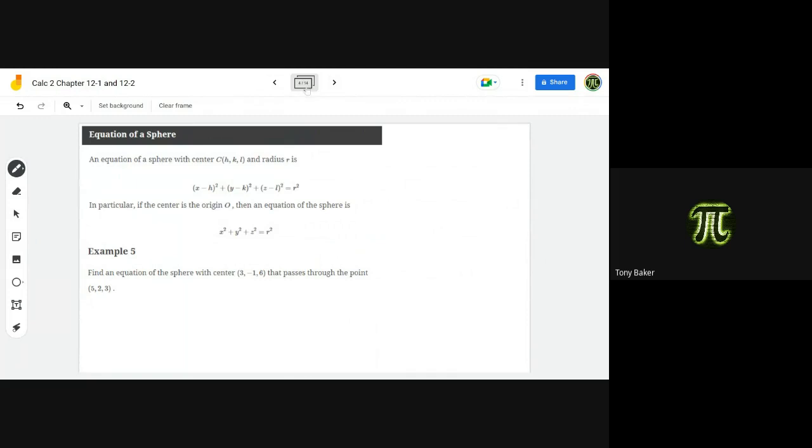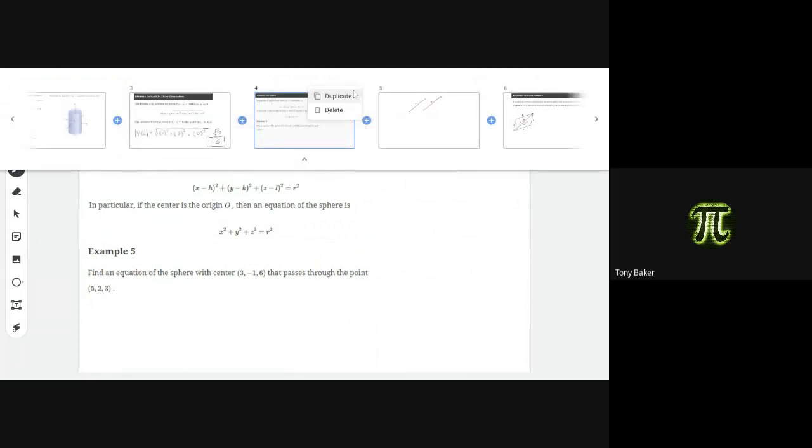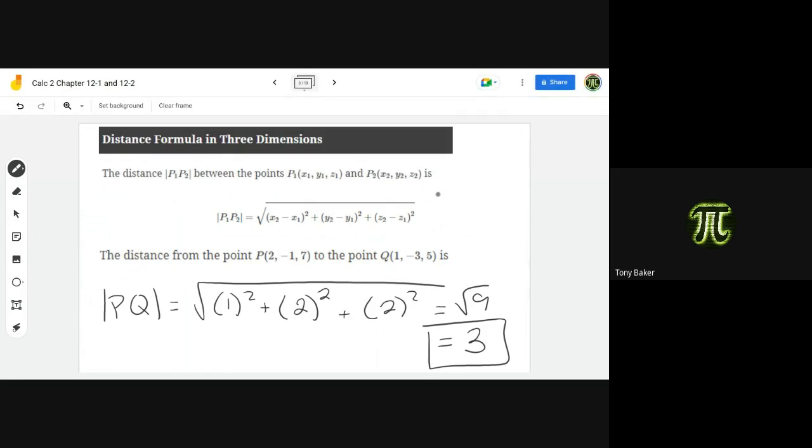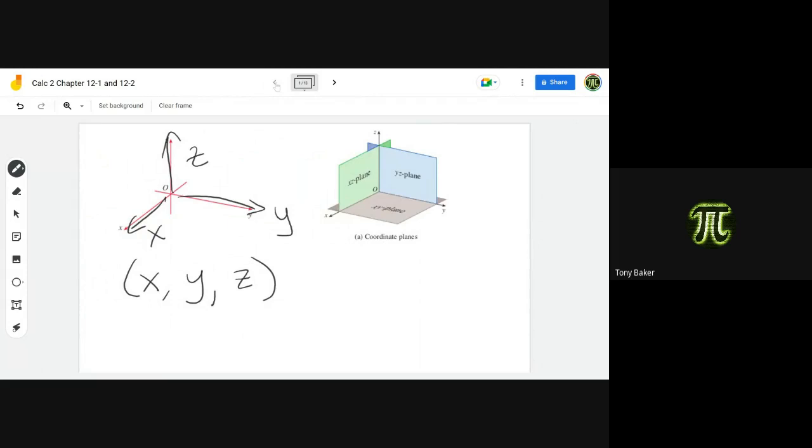All right, we're not going to do the sphere, just because I don't think we really need it. Any questions with three-dimensional space? Otherwise I'm done with it. Have you guys all seen three-dimensional space before at some point? Graphed or used it?